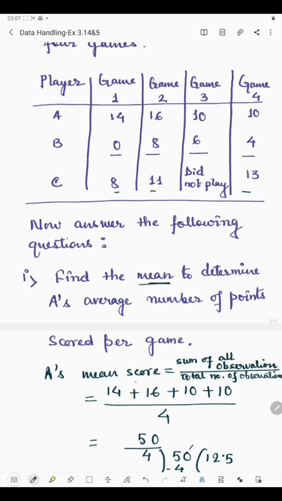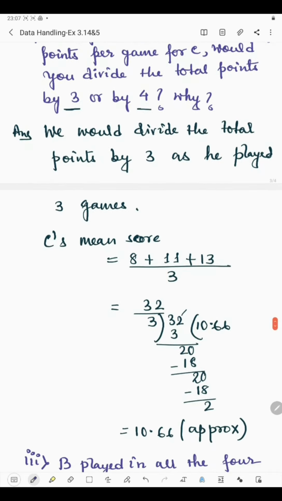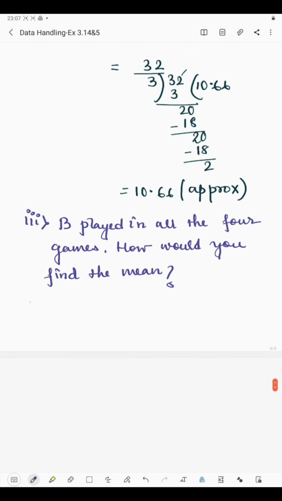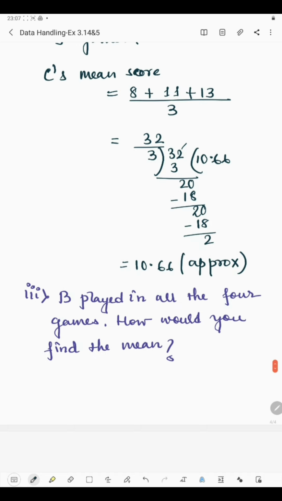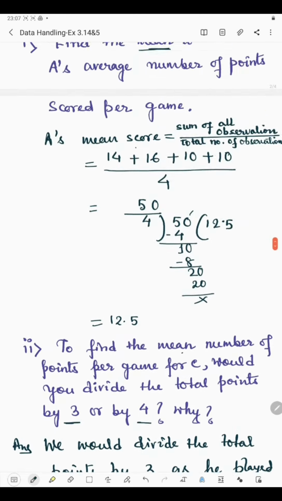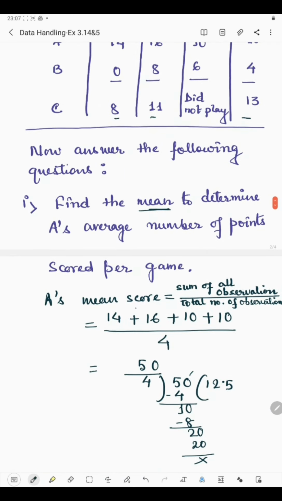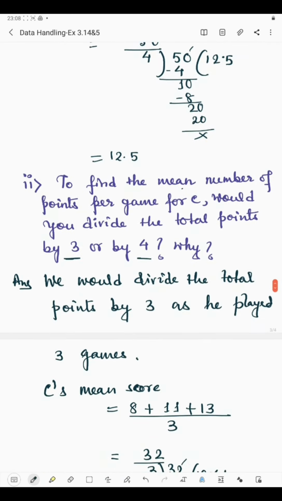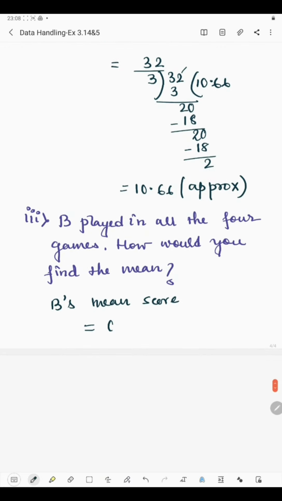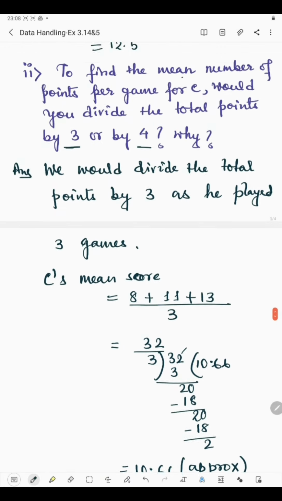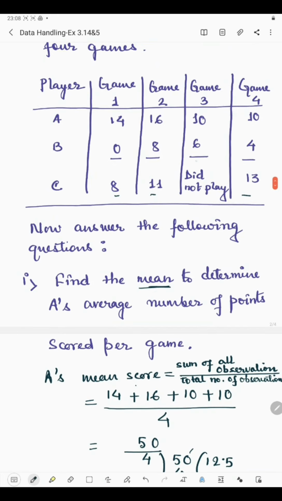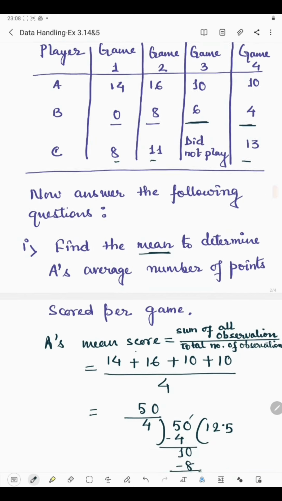So first we will write B's mean score. We will add all the observations. We have 0 at first, then we have 8, then in the third game he scored 6, and in the fourth game he scored 4.